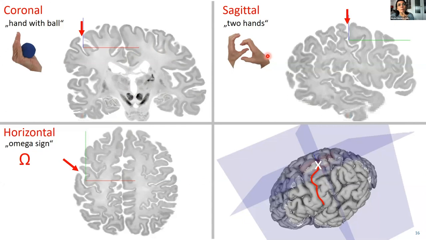It's not possible to see these 3 views simultaneously in the brain, okay? I've just photoshopped them to be able to show them to you in this slide. So don't be frustrated if you can't see the hand with a ball and the 2 hands and the omega sign simultaneously. You'll have to navigate through the brain to be able to do this.